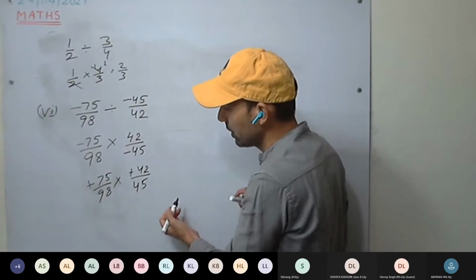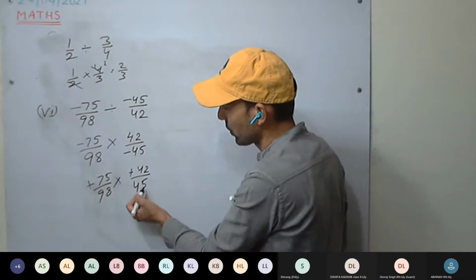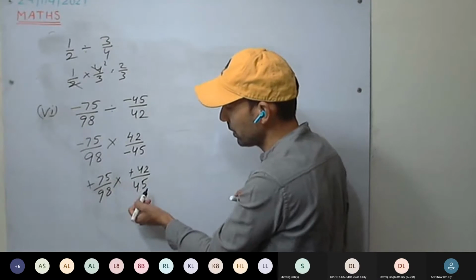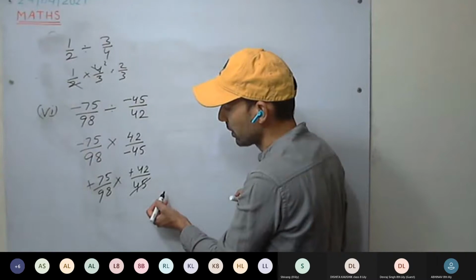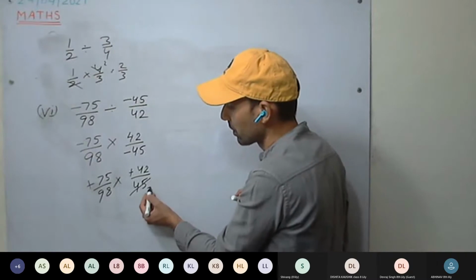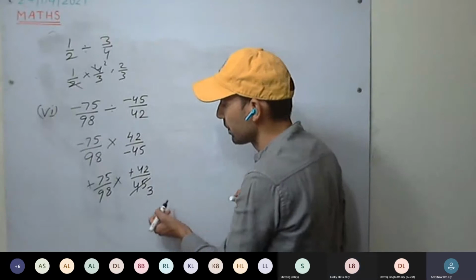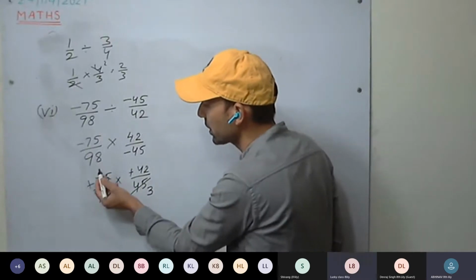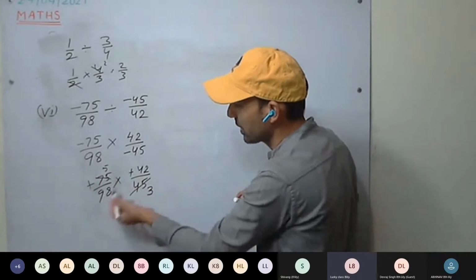What more can we cancel? This and this. It is divisible by 15. How much will it be? 315 upon 637. And it is 5. And can we cancel this one?